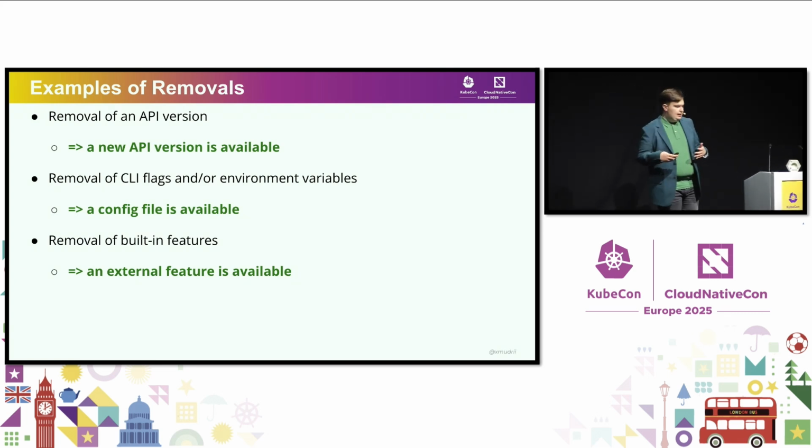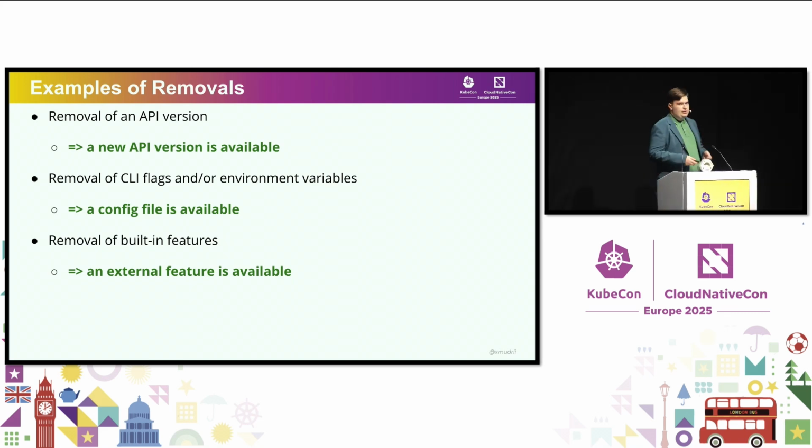There have been external projects, I believe cri-dockerd or something like that, that allowed you to continue to use Docker if you want. Or in some cases, you can build on your own a webhook or something like that that's going to replace the built-in feature. And in a lot of cases, the community does that if there is really a need for it.